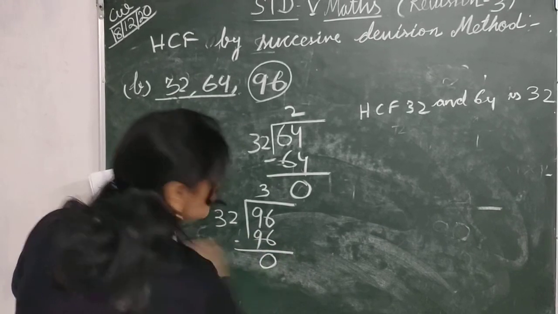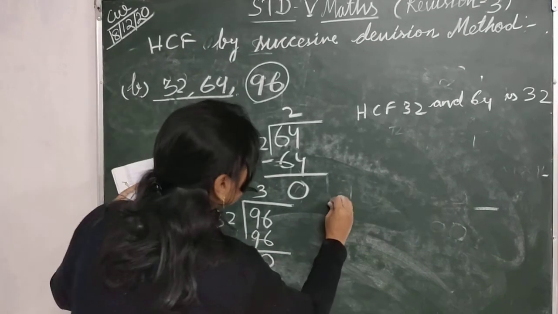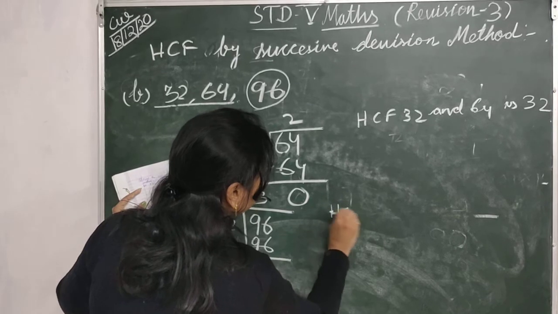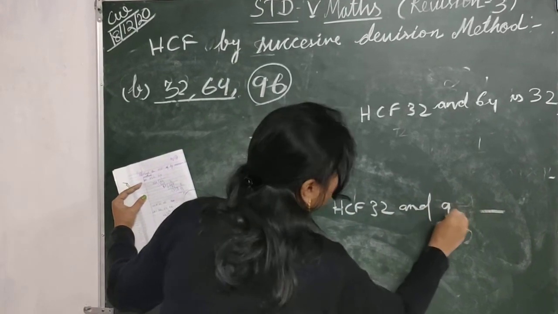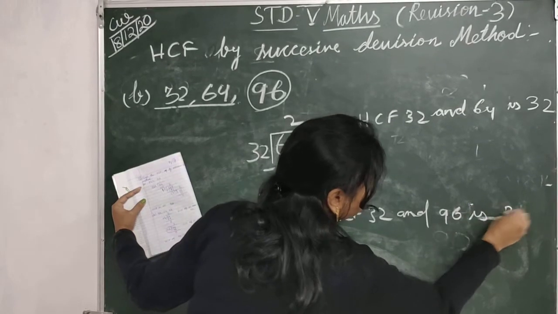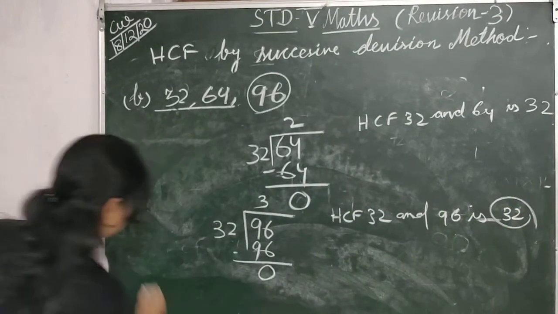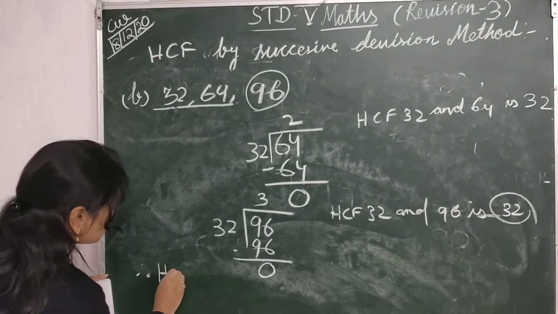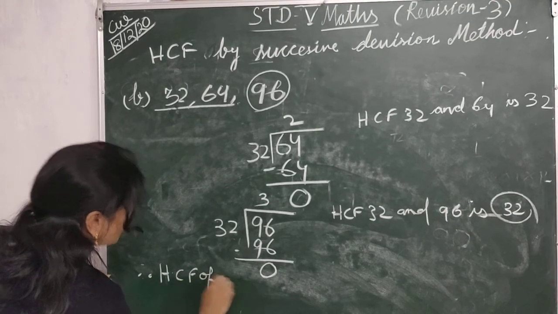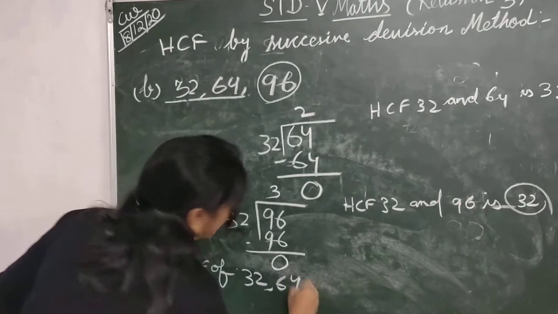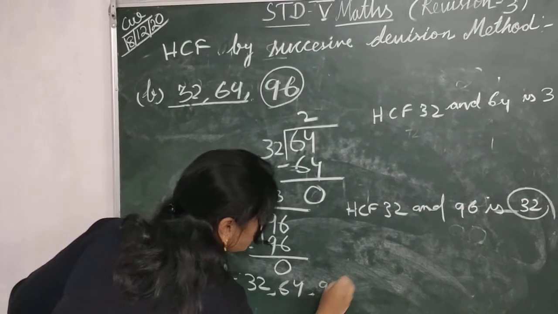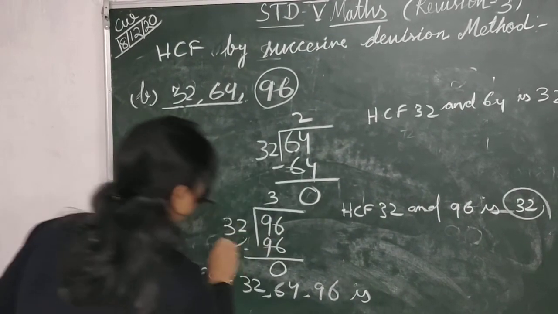So children, remainder is 0. Okay. So here HCF of 32 and 96 is again 32. Therefore HCF of 32, 64 and 96 is 32.